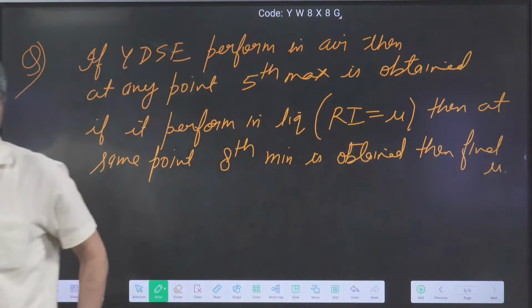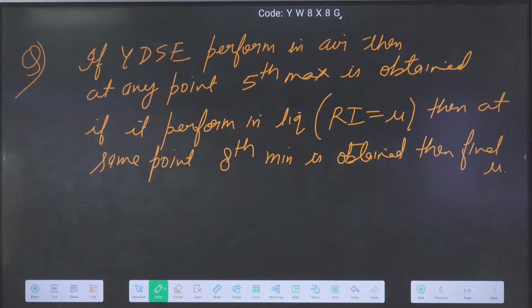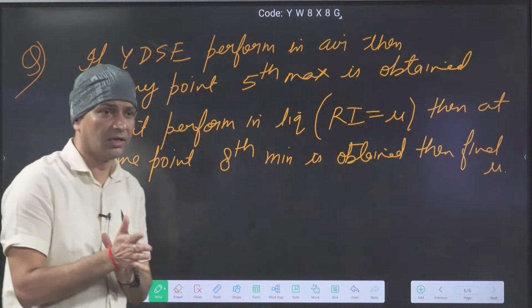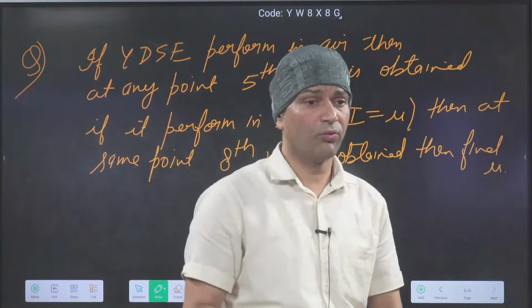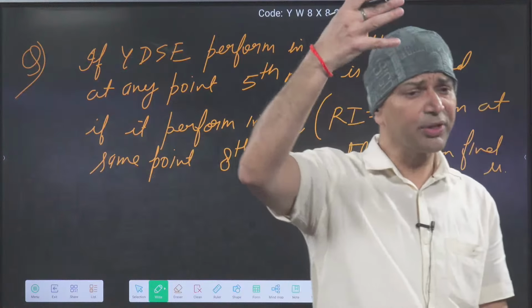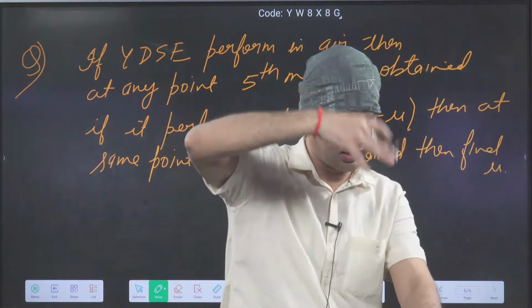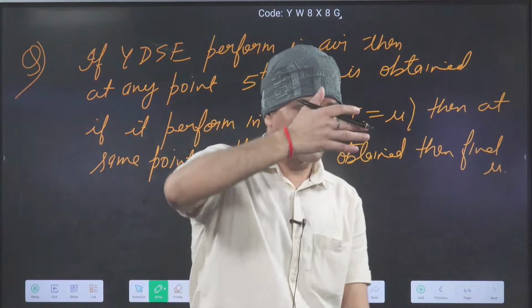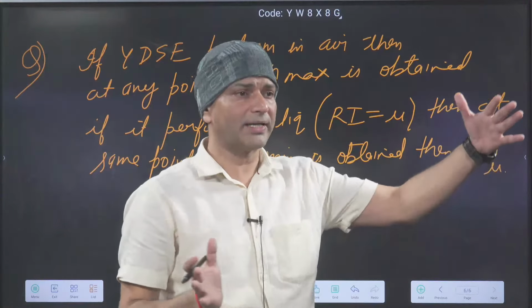So what is this question here? If YDSE is performed in the air, then at any point we have got fifth maxima. But if it is performed in the liquid of refractive index mu, then at the same point we got the eighth minima. Why is it happening? Because when we perform in a liquid, when refractive index increases, the whole pattern becomes narrower.